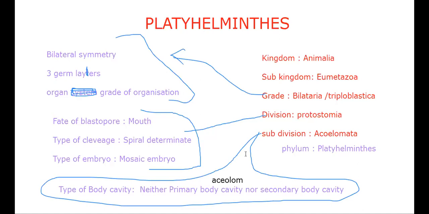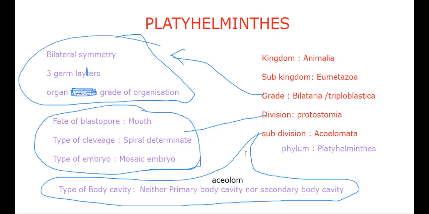So these are the advantages and benefits of learning the Kingdom Animalia series. Bilateral symmetry, 3 germ layers, organ grade of organization, fate of blastopore mouth, type of cleavage spiral determinate, type of embryo mosaic embryo, type of body cavity neither primary nor secondary.